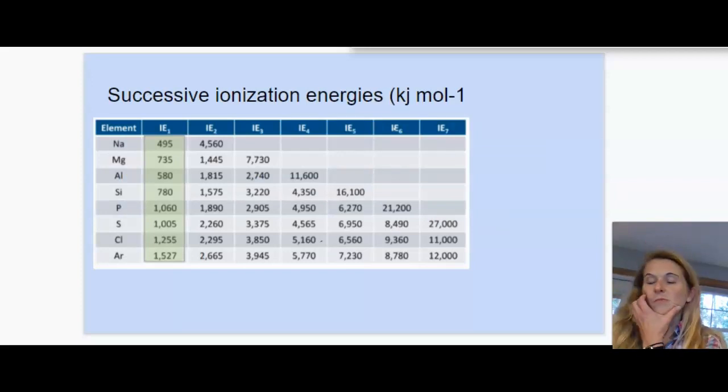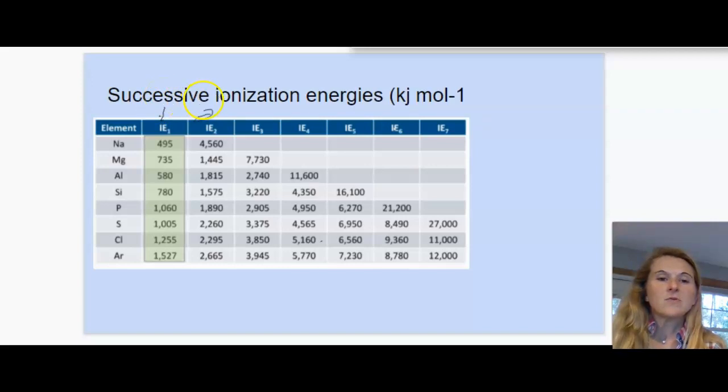So here we are taking a look at ionization energies being compared across our third period, our third energy level. This first column is the energy to remove one electron, the first electron.